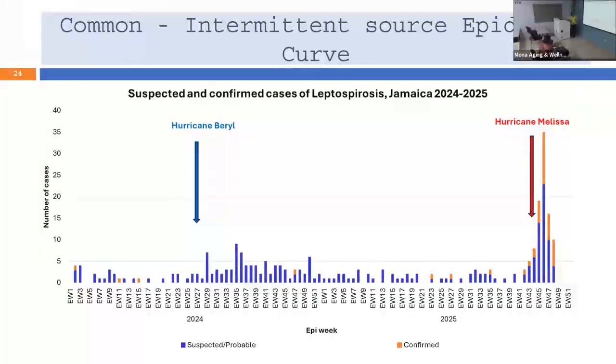If you notice on this one, we don't have the alert threshold and epidemic threshold, but still, after Hurricane Melissa, based on the number of cases, we were able to see that we have an outbreak.